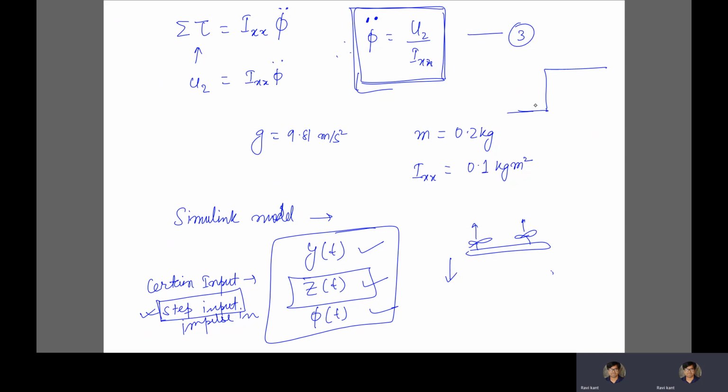So this is z with respect to time, and this is your time axis. Before this particular point, z is 0. But after that, we have given a unit jump to z, so maybe 1 meter I have shifted.